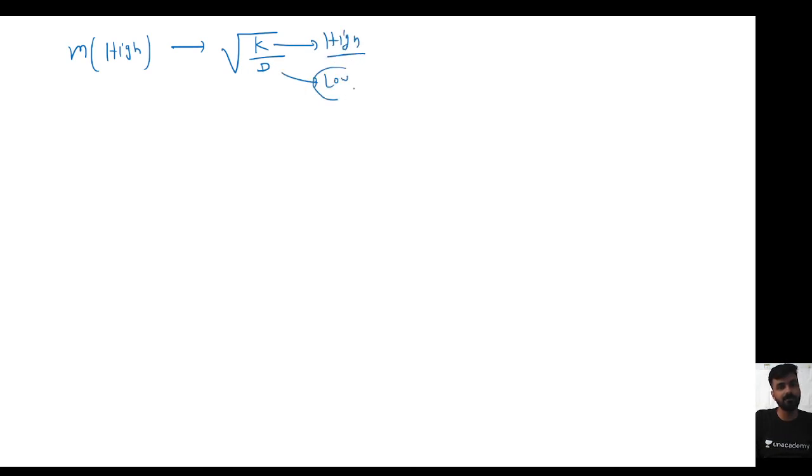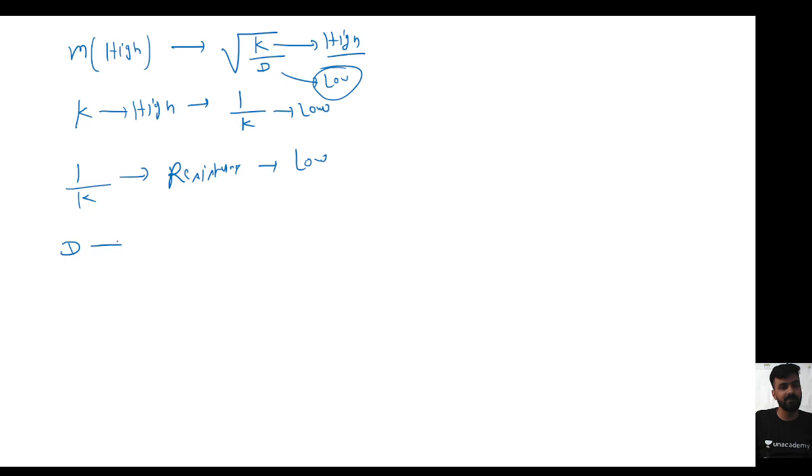Again, I am letting you understand one thing. Try to understand. If M is high, what can you identify? M is equals to root K by D. So K will be high and D will be low. If K is high, 1 by K will be low, and 1 by K is resistance and it is low.